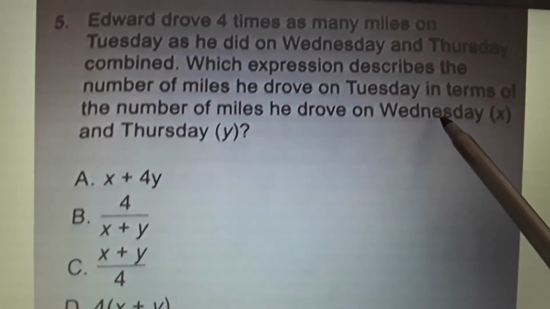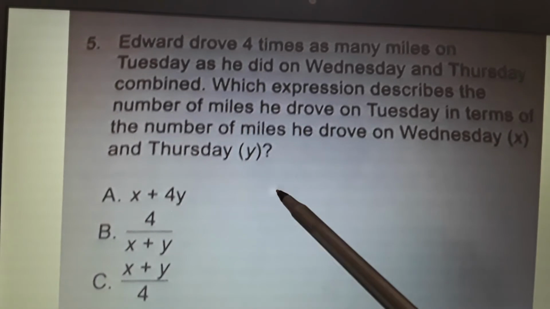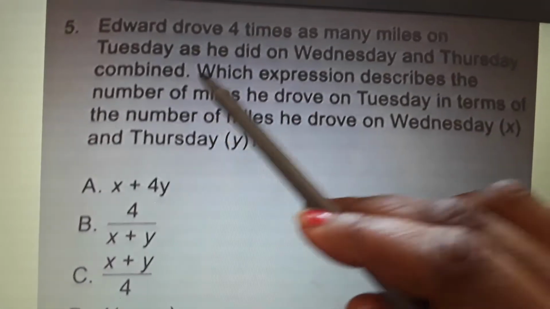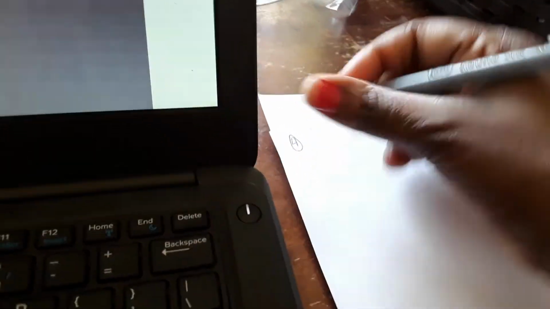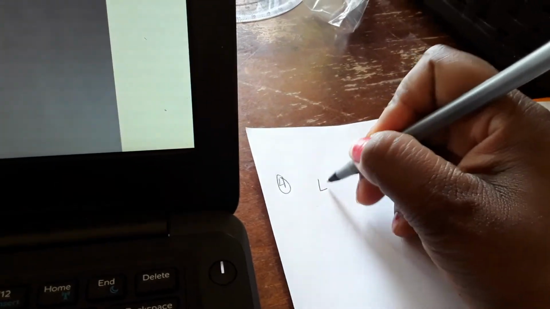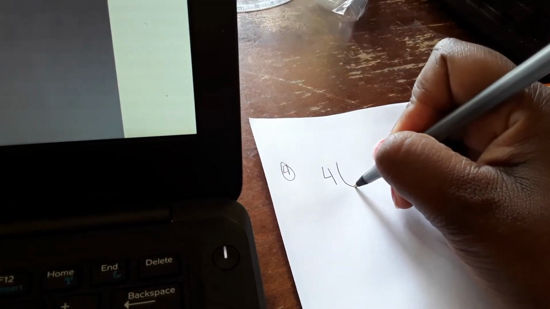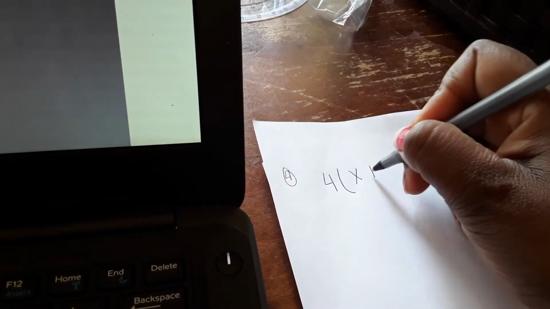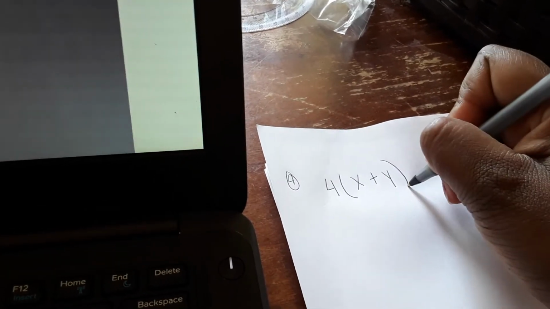Also, they're telling you to use Wednesday as X and Thursday as Y. So if I was writing that first statement, I would write 4, because it said 4, times would mean parentheses, Wednesday, which is X, plus, for combined, Y would represent Thursday, and close my parentheses.